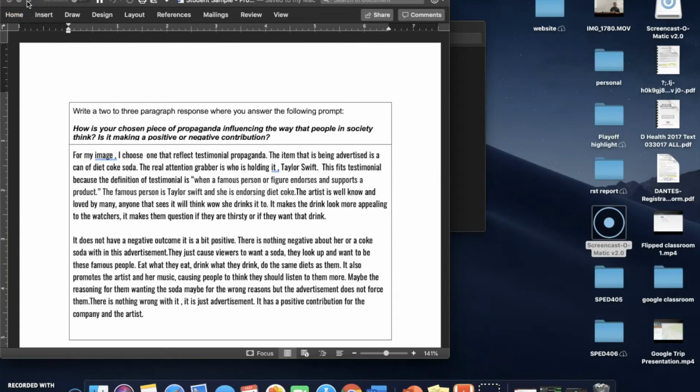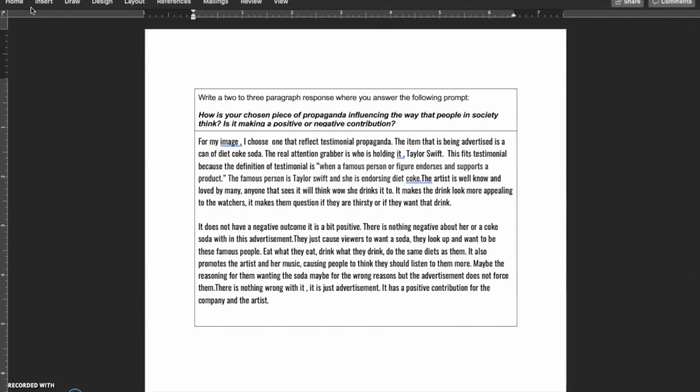These are all from the same student, by the way, all these samples. So, for my image, I chose one that reflects testimonial propaganda. The item that is being advertised is a can of Diet Coke soda. The real attention grabber is who is holding it, Taylor Swift. This fits testimonial because the definition of testimonial is when a famous person or figure endorses and supports a product.